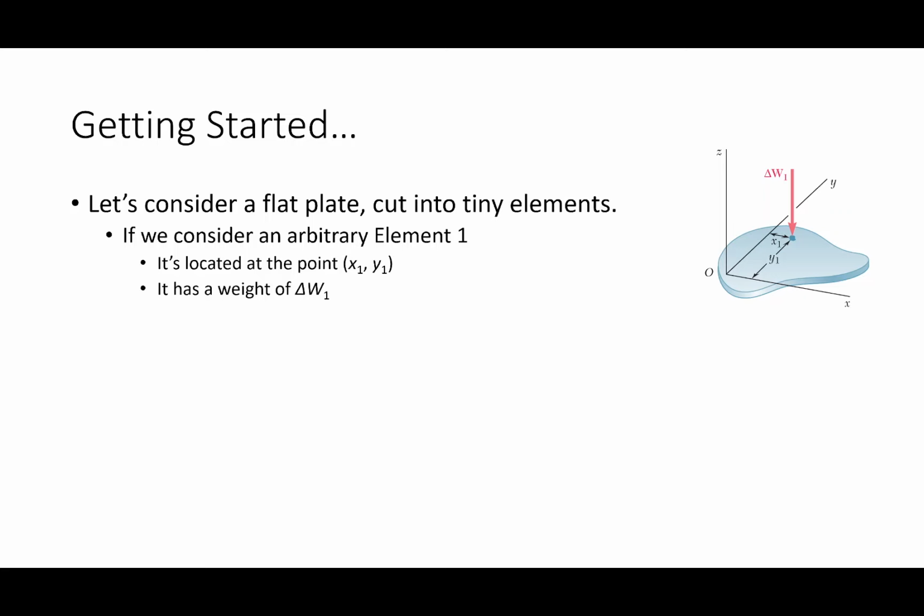By the way, if we wanted to determine the weight of that plate, we would say it's the area of the plate times its thickness times its unit weight, the unit weight being the unit weight of the material. The unit weight's sort of like density, but density is a mass per unit volume, while unit weight is a weight per unit volume. But I'm getting ahead of myself. I just want you to get the idea of what I'm talking about here. So far, so good?